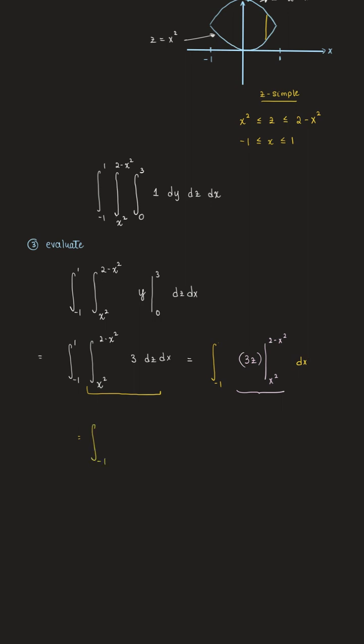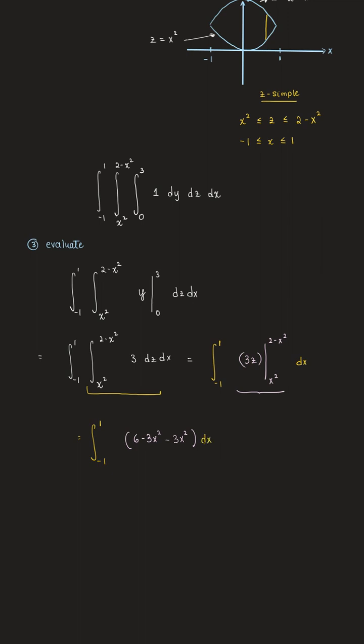I don't know what happened here. That should be a 1. From -1 to 1 of, let's see what we have. We're going to evaluate 3z at 2 minus x squared. So that's 6 minus 3x squared when I distribute the 3. And then minus a 3x squared dx.